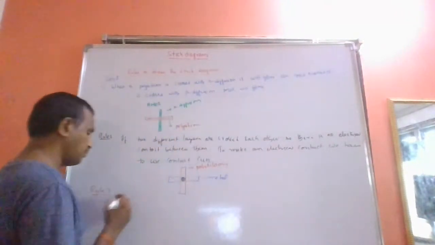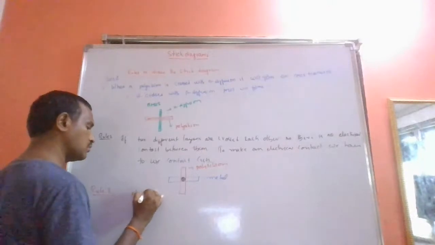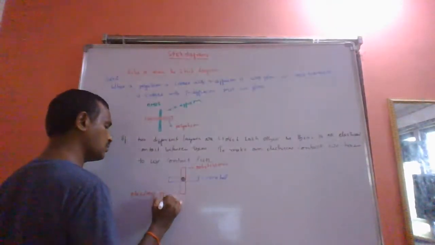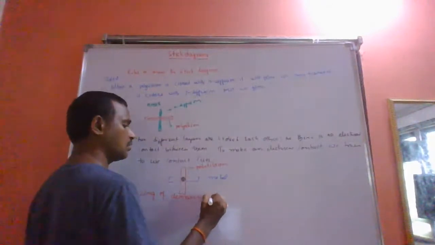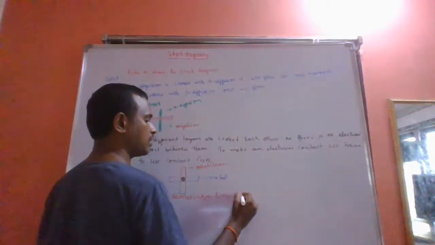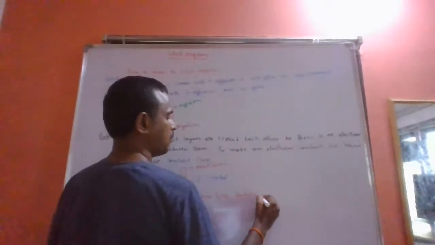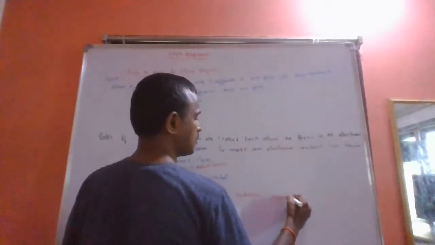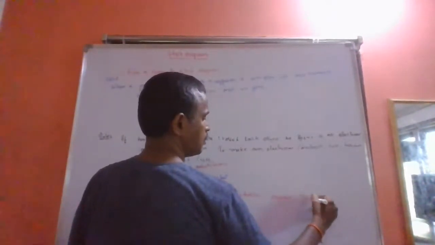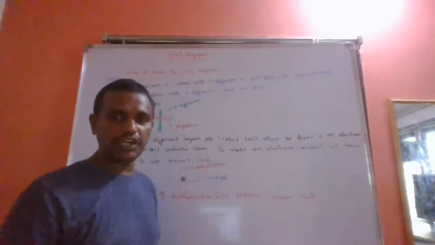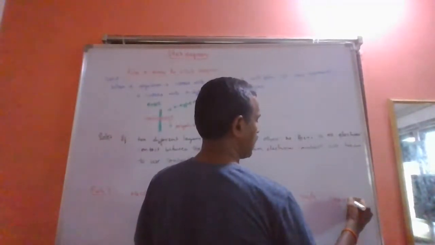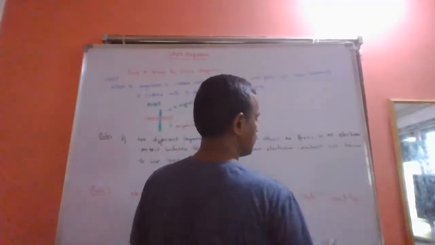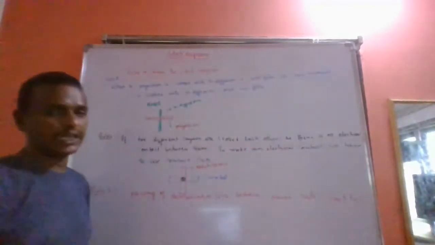That is, placing of a demarcation line between power rails. So power rails is nothing but the VDD and VSS.